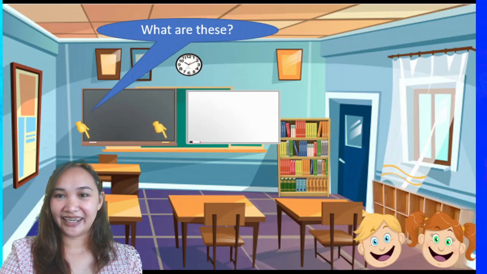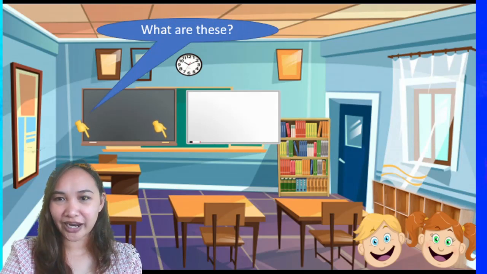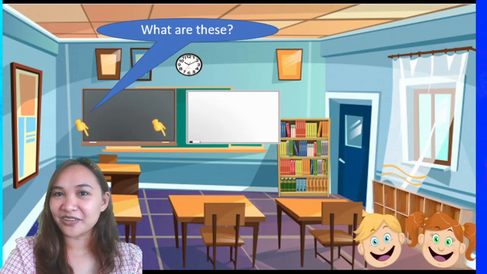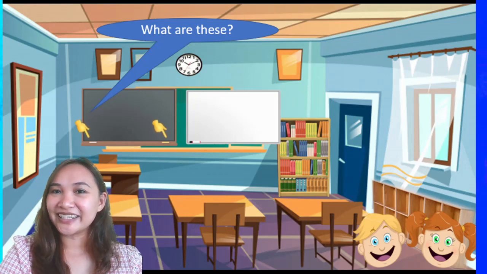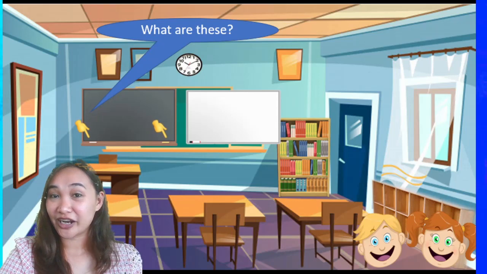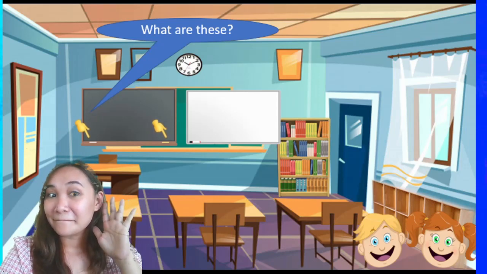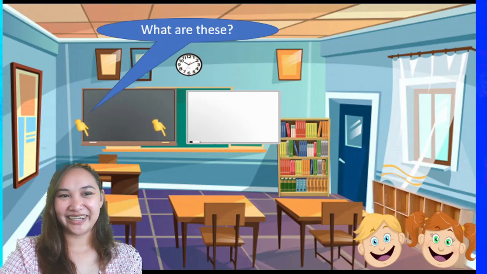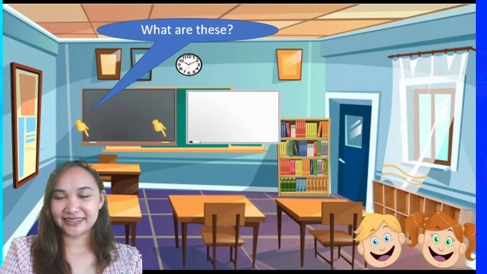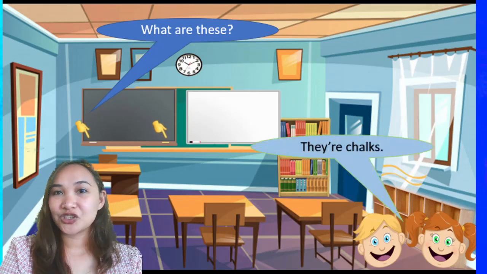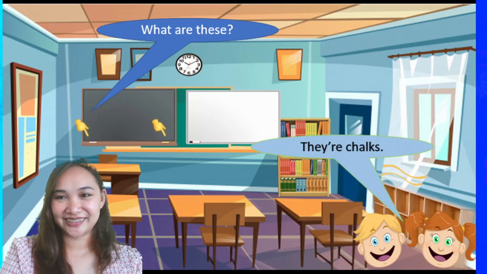Very good. Okay, the hand appears again and is pointing to the tiny little objects. And what are these? What are these objects? Okay, very good. They're chalks. Okay, they are chalks.